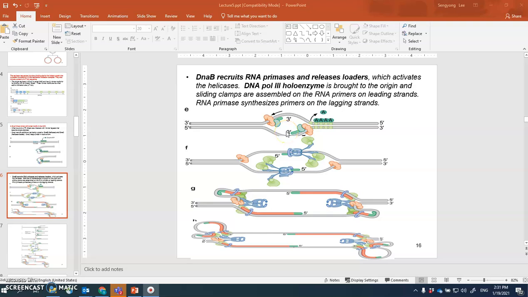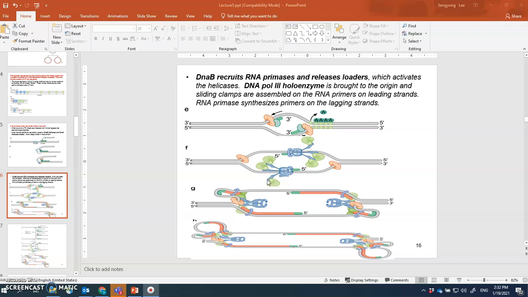Once that's done, the DNA polymerase 3 holoenzyme is brought to the origin. We're talking about these guys. Holo means a huge enzymatic complex. It has 3 small subunits, and each subunit can replicate a DNA strand, so it's a trimer.